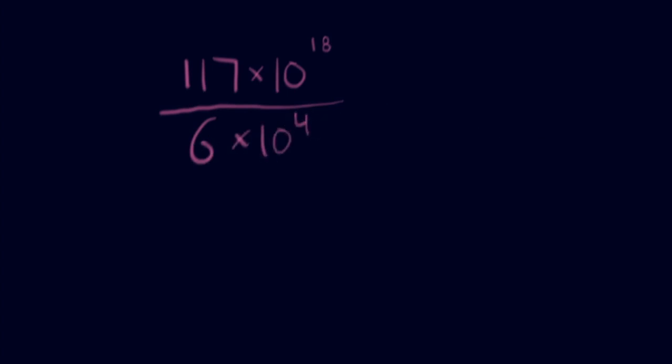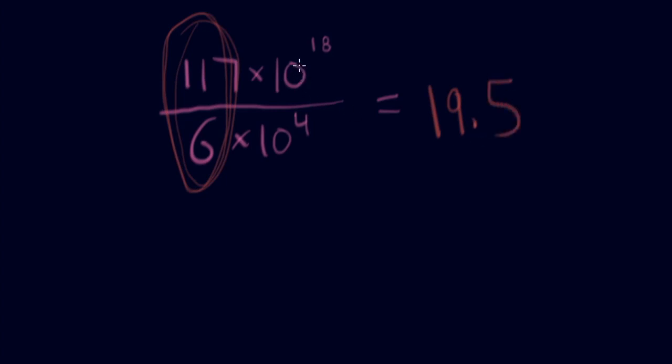So let's see if you can figure it out. You're going to divide these. So 117 divided by 6, and that is going to give you a really ugly number of 19.5.